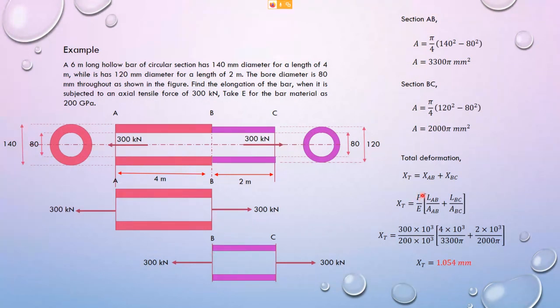In this question, they have only given us one E value. That means both the parts have the same material, so you extract the E. So you can find out the total deformation of this bar. That's all for this second example.